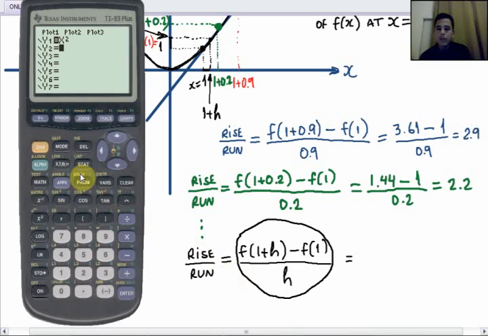Let's say one plus, but instead of h here, let's just put simply x. We don't have the h variable, just put x, and then minus f of 1. Let me go back here. I need to put parentheses because it needs to be this whole thing divided by h.